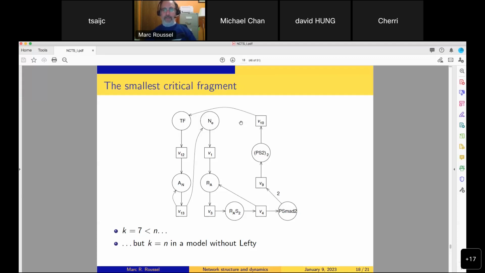So lefty seems to be there to impart additional robustness more than to actually develop the left and right side experimentally. And again, our work suggests a reason why that might be.